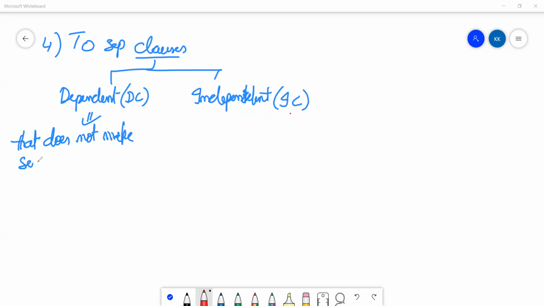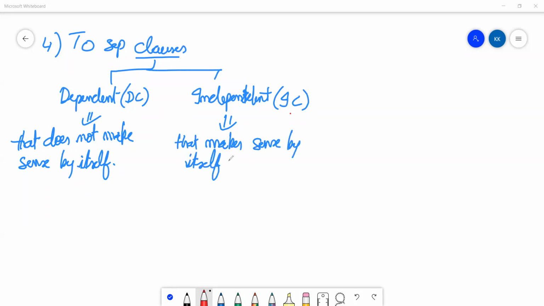This is the best way to understand it. And what is an independent clause? It's a clause that makes sense by itself. Basically, a complete sentence. Just remember it like this: a complete sentence.